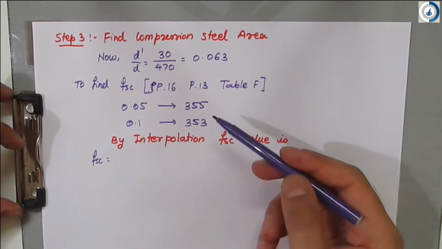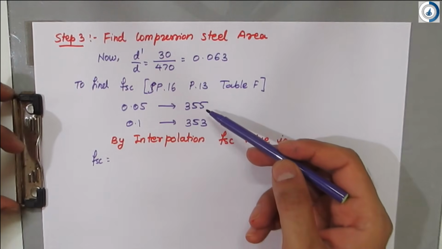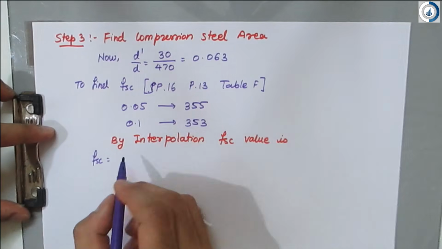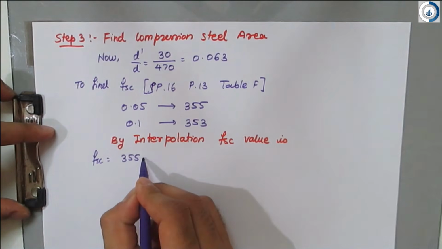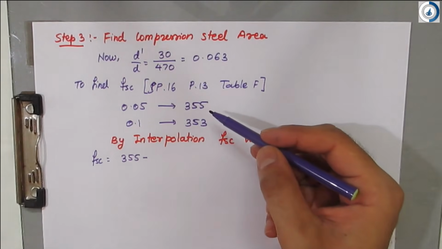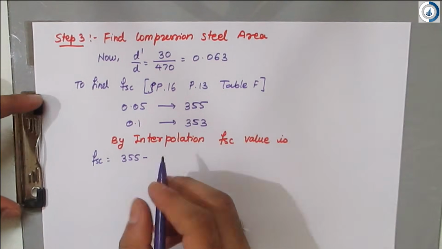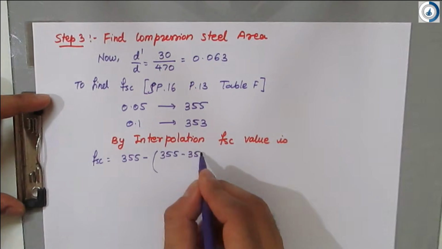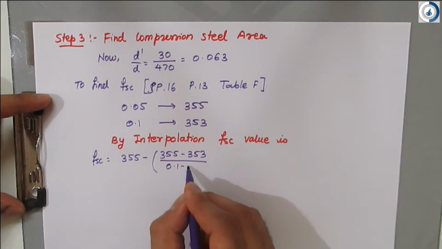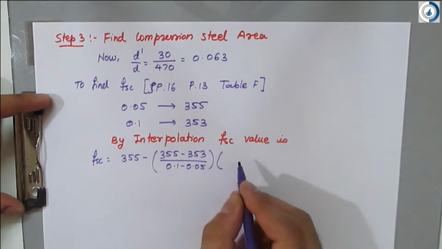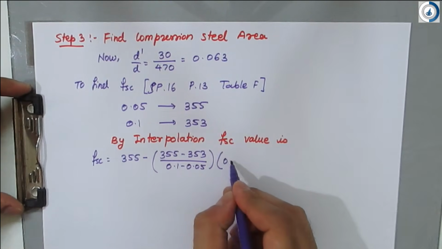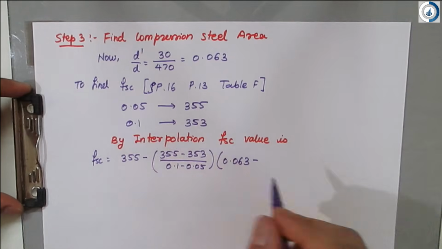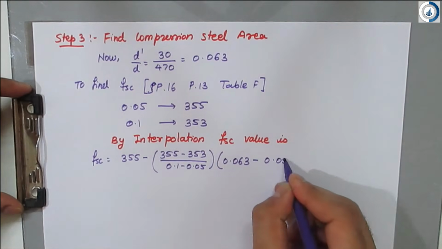equals, so you can see here that the value is decreasing, from 355 to 353. So we will take this 355 value and write a negative sign, because the value is decreasing from 0.05 to 0.1. So 355 minus 353 divided by 0.1 minus 0.05, times the value you have to find out, that is 0.063, minus the first value we have taken, that is 0.05.